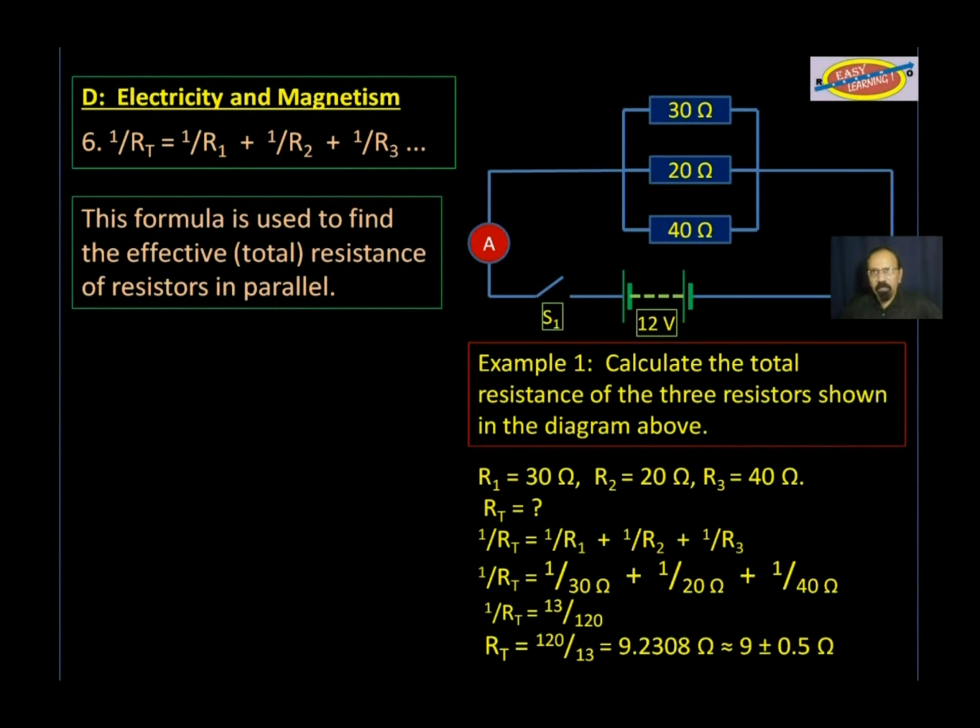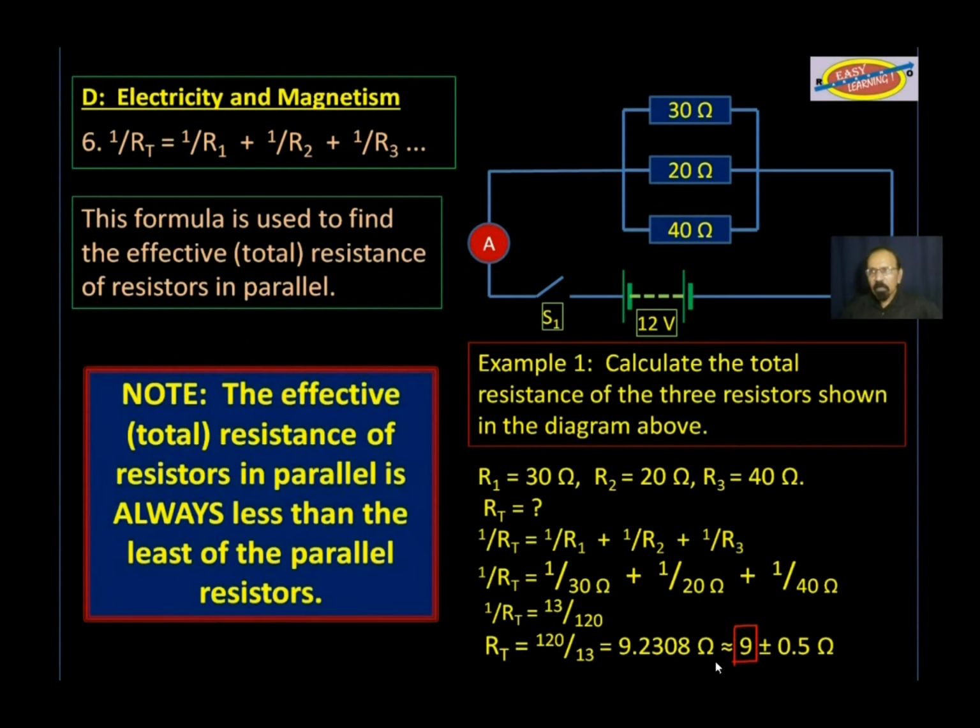So we calculated the total resistance, and we came up with 9 ohms for those three resistors in parallel. Note that the effective resistance of resistors in parallel is always less than the least of the parallel resistors.